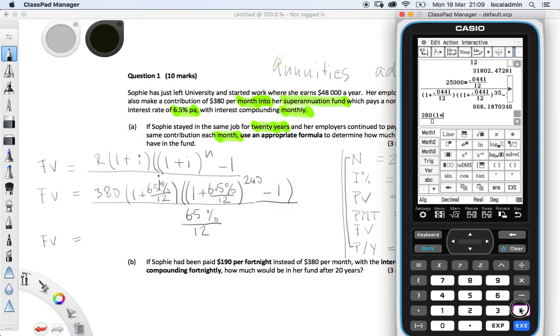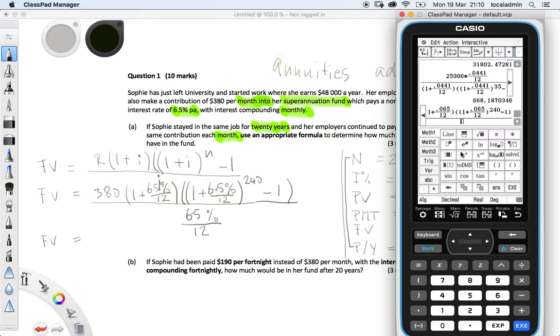Brackets, 1 plus 0.065, which is the decimal of the 6.5% interest rate per annum, plus, and I know this is tedious, but sometimes they want to see that you understand algebra. So let's just play along and be nice. Minus 1.